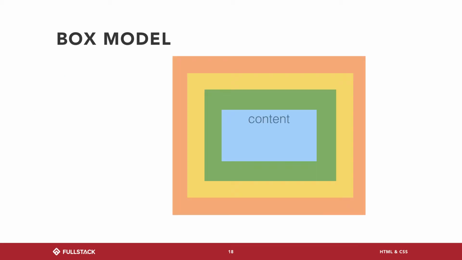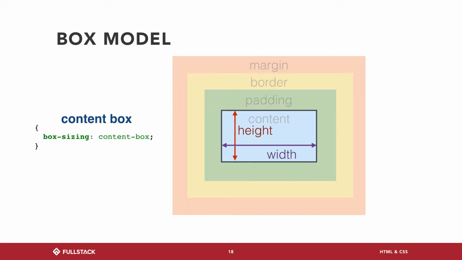When I say width 20 pixels, height 10 pixels, then I'm specifying the height of either the content box by default, or the padding box, or the border box. And then the sizes of the other boxes are computed relative to that. So if I have box-sizing content-box, which is the default, and width 20, height 10, then my padding will add to that.